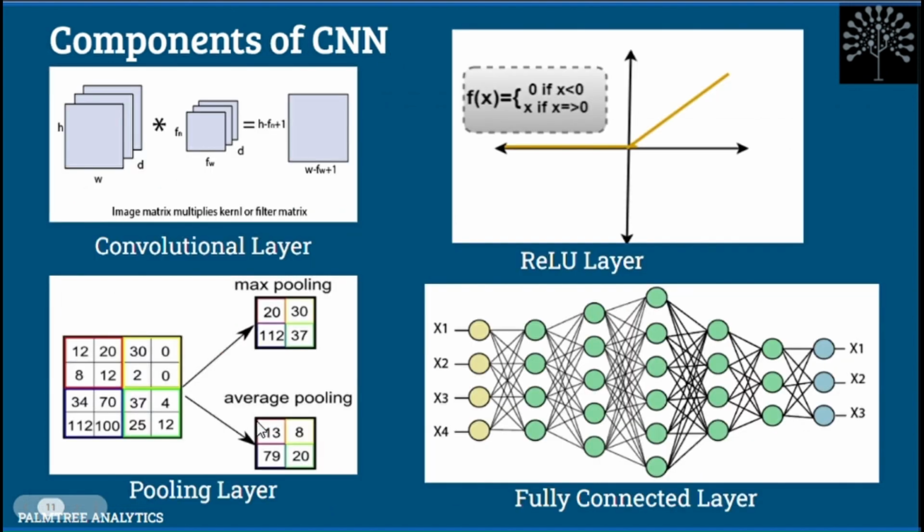Then we get some matrix after filtering, whatever this kernel is going around, and after applying the ReLU we get this kind of matrix. This matrix may have had some other values earlier, and now it is reduced based on the features.